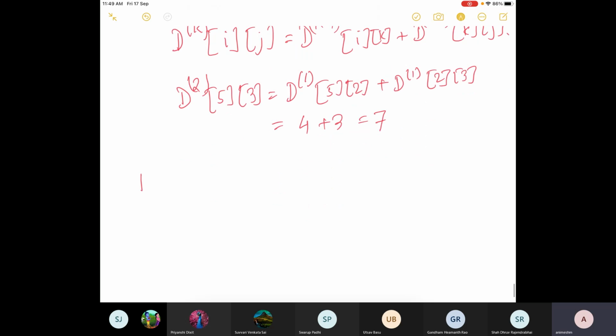So what would be my overall recurrence, considering both case 1 and case 2? What would be my expression for dkij?